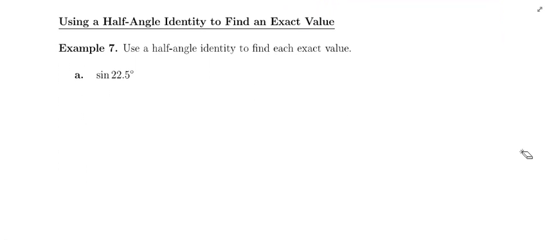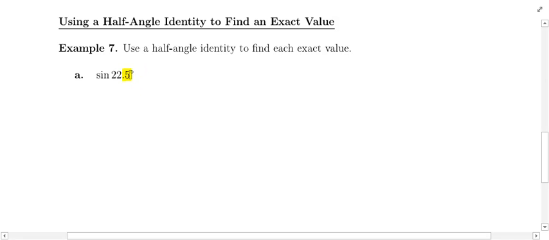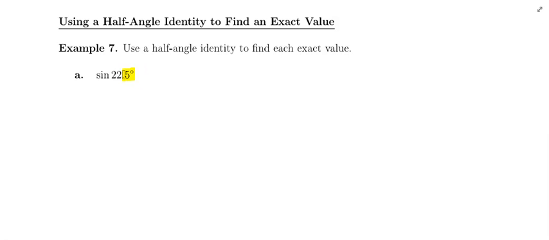And in part A, we're going to find the sine of 22.5 degrees. Now the directions may not be nice and tell you to use a half angle identity. So a big clue here is that you see this 0.5. 0.5 is 1/2. So if the directions did not tell you to use a half angle identity, that would be your big clue to do so.